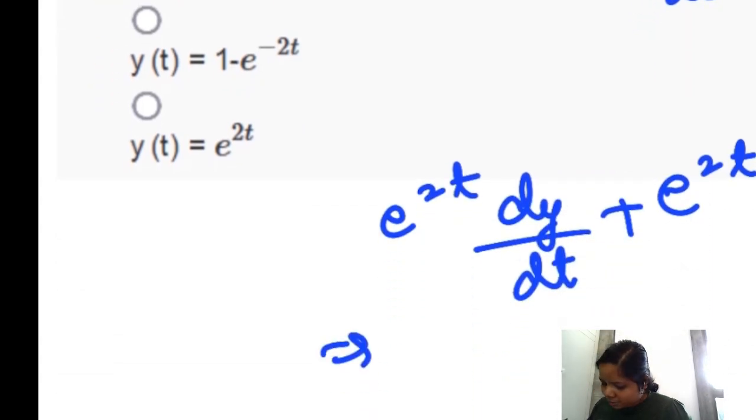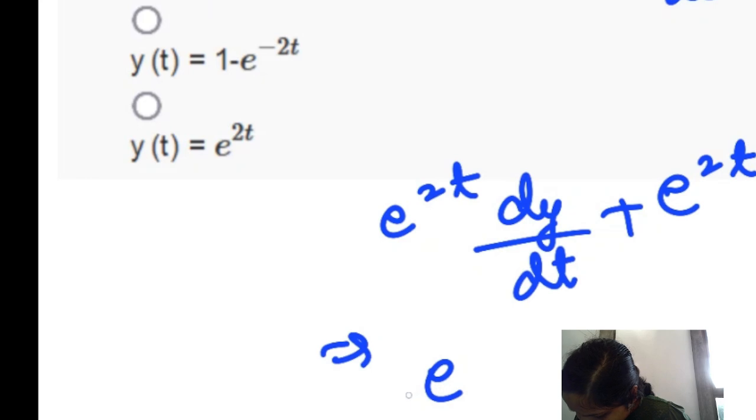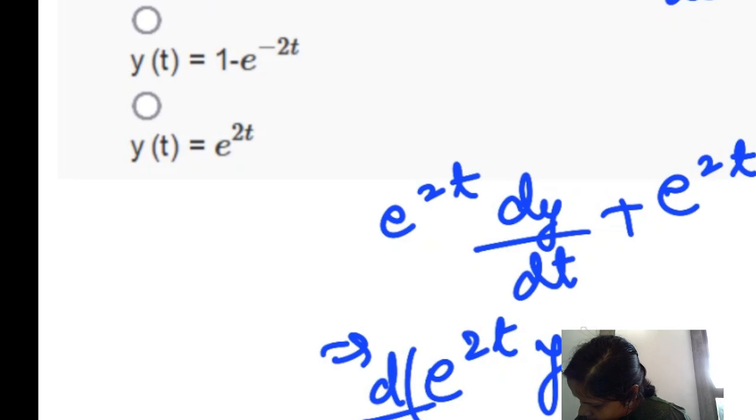What you can essentially find here is this left side is basically the differentiation of e power 2t into y. This is the important thing here, and on the other side you can just integrate 2 e to the power 2t dt.